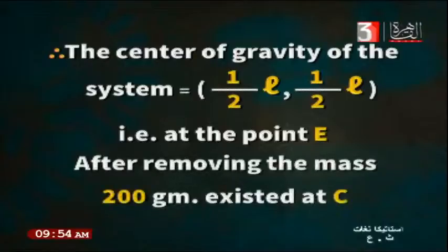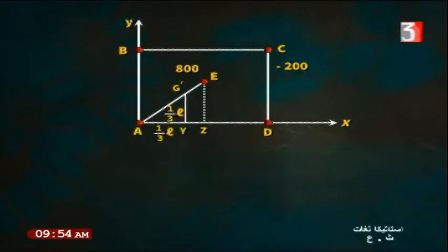After removing the mass 200 existing at C, look at the point C, its mass became negative 200. Why? Because the mass at C is removed. Cut off its mass with negative mass.